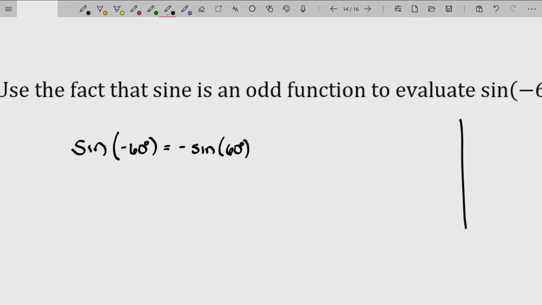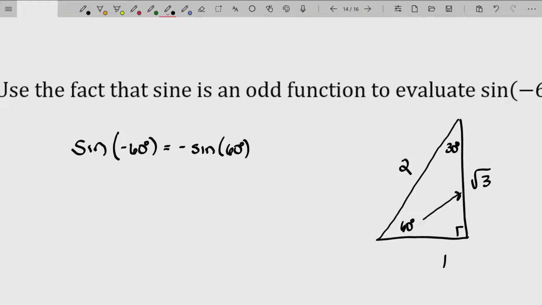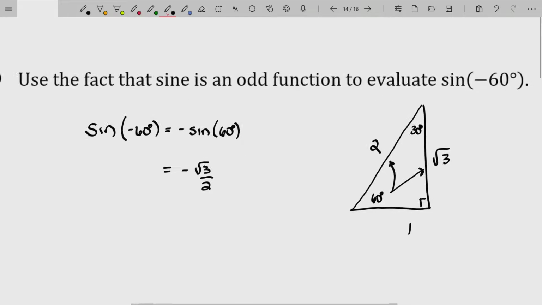And then I would just go for my 30, 60, 90 triangle. Here it is, 30, 60, and 90, 1, 2, root 3. And then the sine of 60 degrees, opposite over hypotenuse, is root 3 over 2. So that's going to be a negative square root of 3 over 2. That is how you use an odd property to help you evaluate a trig function.